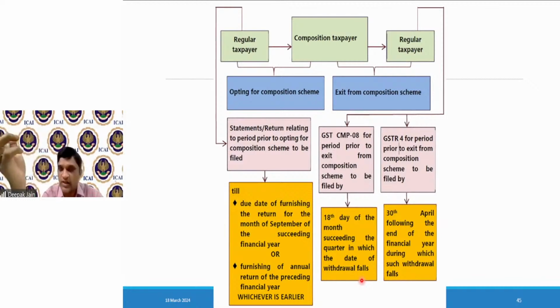You can shift it only at the end of the quarter. तो अगर आप composition scheme से withdraw करते हो on February, then for the quarter of Jan, Feb, and March, you have to file your CMP 08 by the 18th and your GSTR 4 for the period prior to the exit, which means जब आप 22-23 फाइल कर रहे हो, 23 को आप बोल रहे हो कि you will exit from composition, then up till March, the full year का जो भी GSTR 4 है वो आपको 30th April तक फाइल करना. ठीक है.